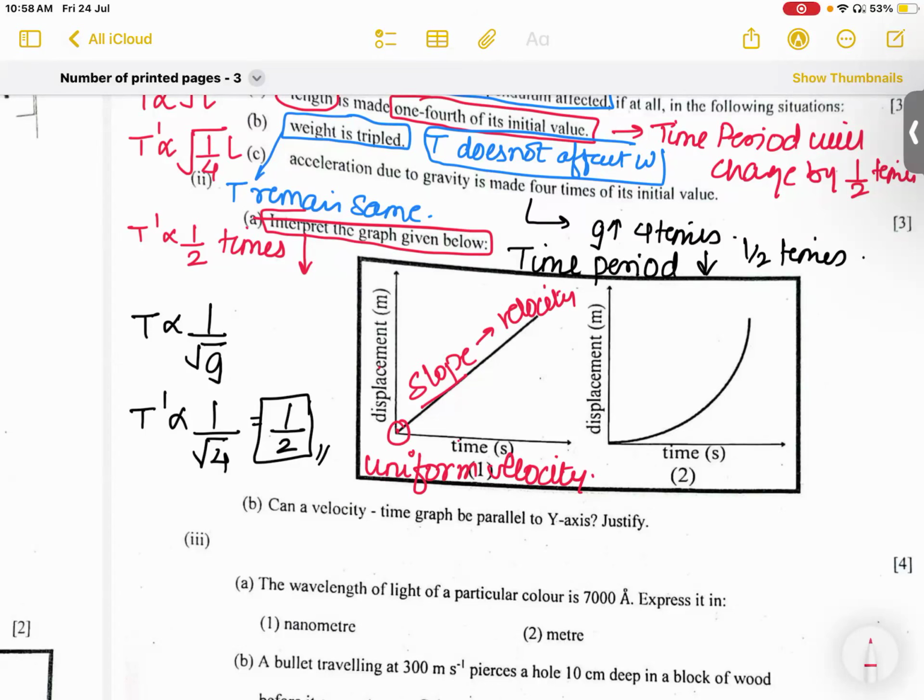If it is not a straight line, so I will say that object has non-uniform velocity. Easy.